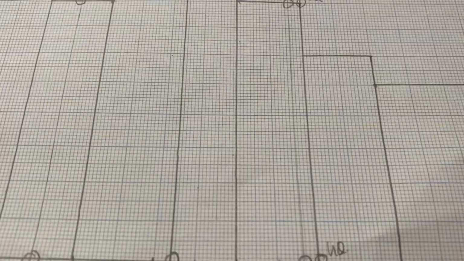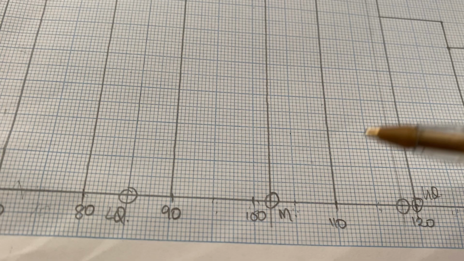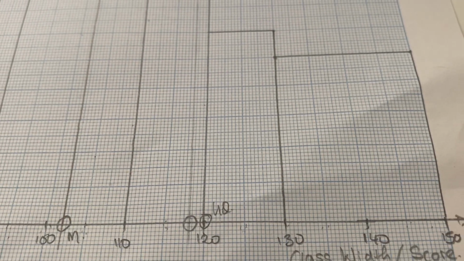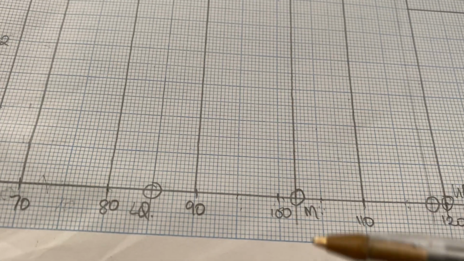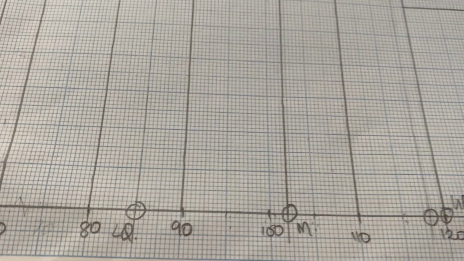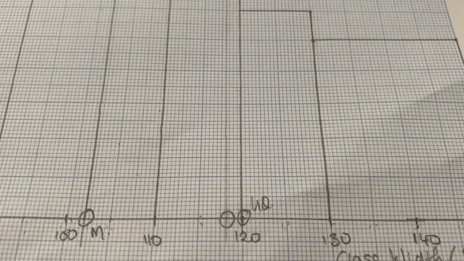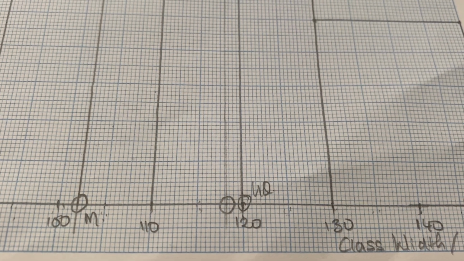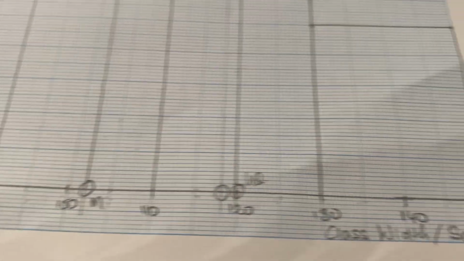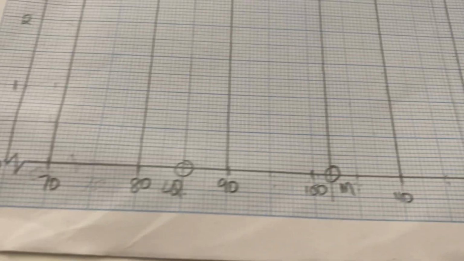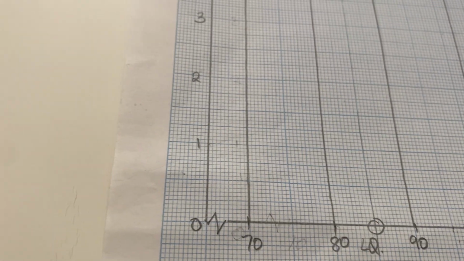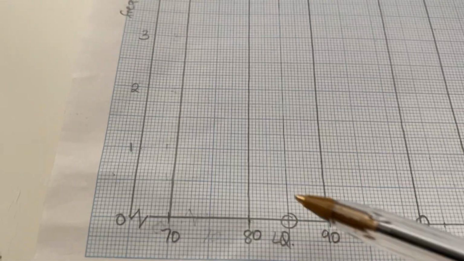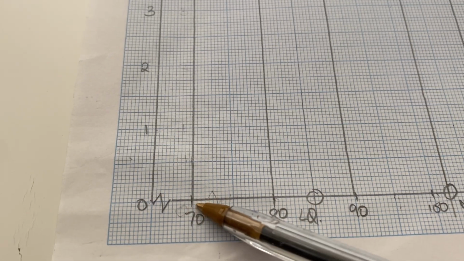So here is the graph. All I did was expand the x-axis to get a bigger diagram so that I can read the scale. As we said, use a scale that you can easily read. Here the graph was shortened, so whatever I get on the x-axis, I need to add it to this 70 here.